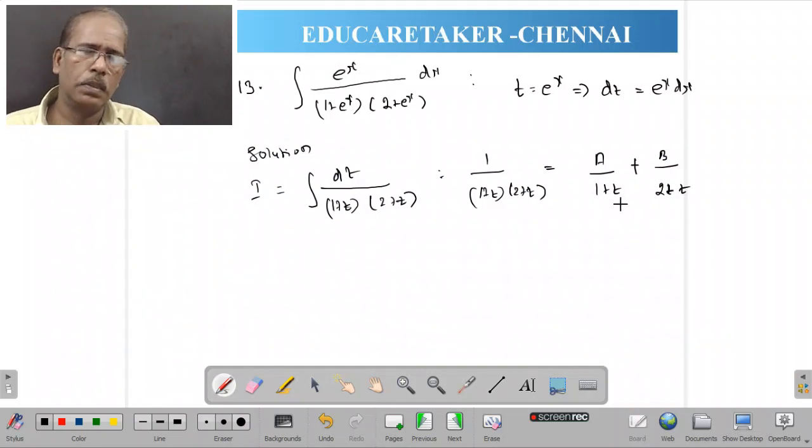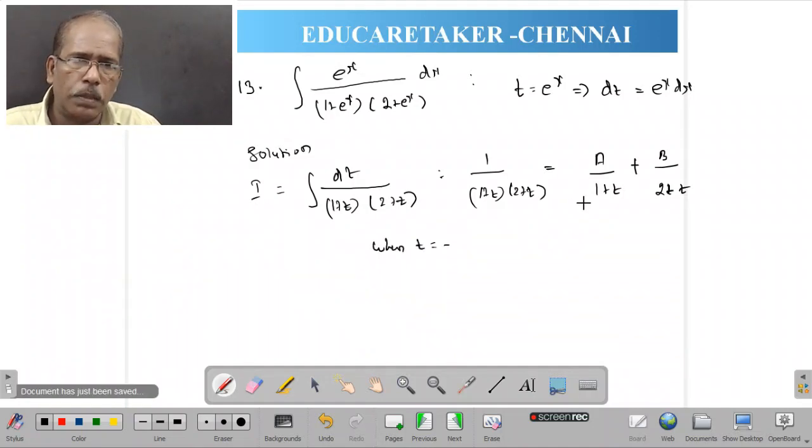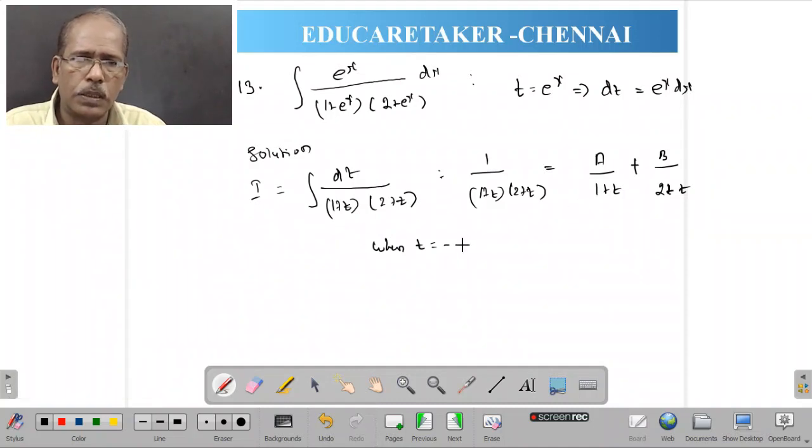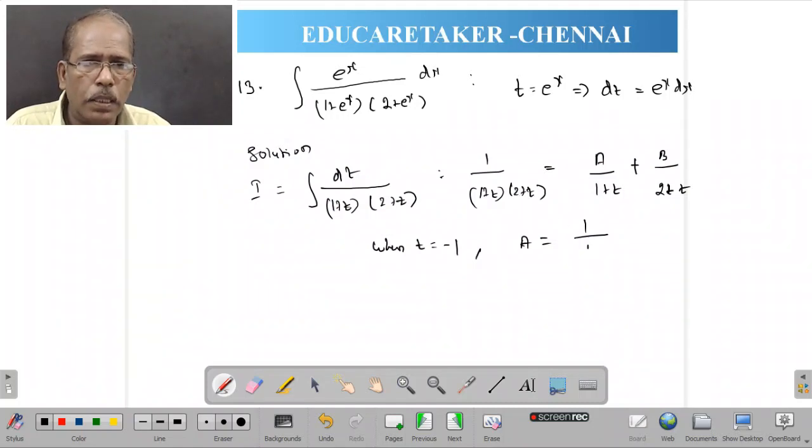If you follow the shortcut method, when t equals minus 1, because that is the zero of 1 plus t, we put t equal to minus 1 on the left side, avoiding the zero factor. For A we get 1 over, and if t equals minus 1 the first factor is 0, so it should be avoided. The second factor is not 0, so it should be included, and 2 minus 1 is 1, so A equals 1.